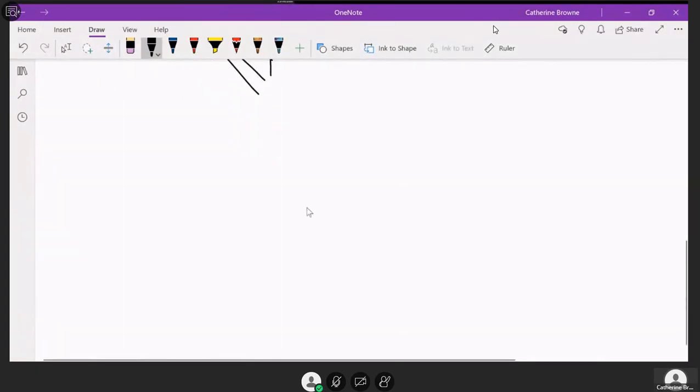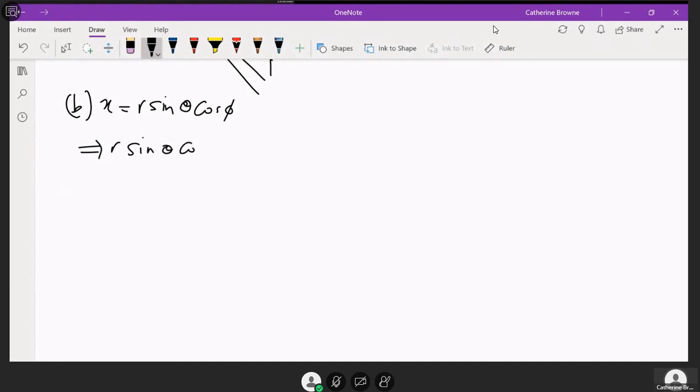And then in spherical coordinates, x is equal to r sine theta cos phi, and so again we get an implicit formula, so that r sine theta cos phi is equal to 4.